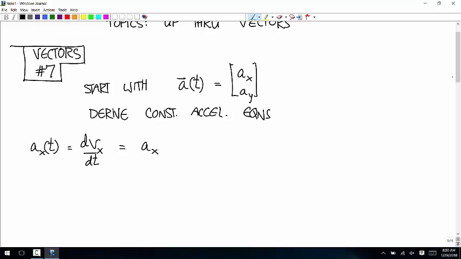And so if I integrate both sides, we get that Vx as a function of t is equal to the integral of this constant ax with respect to time. And so that's equal to axt plus some constant.